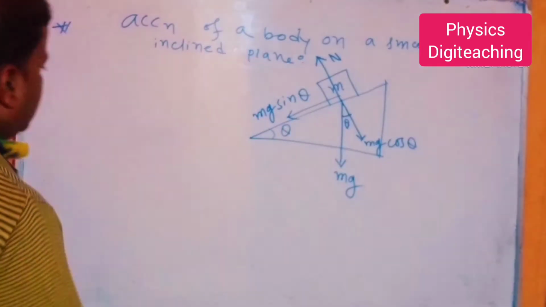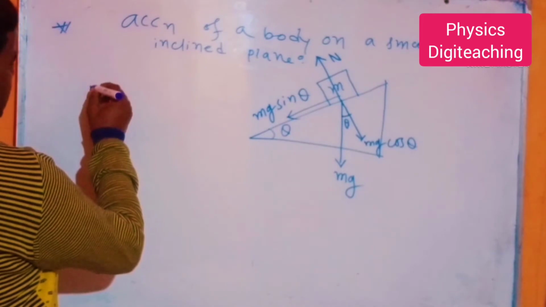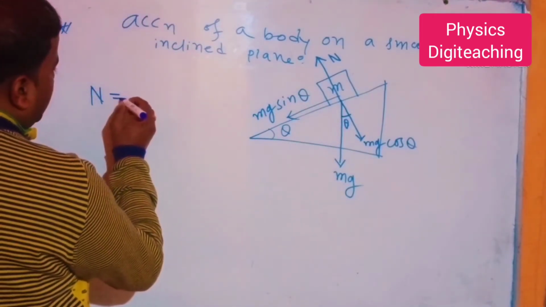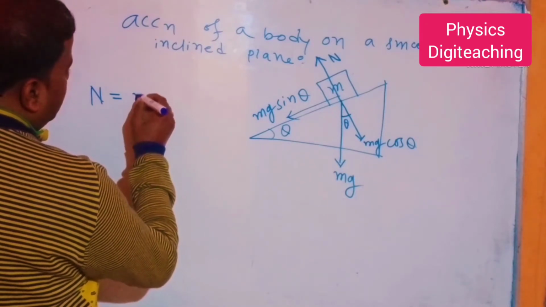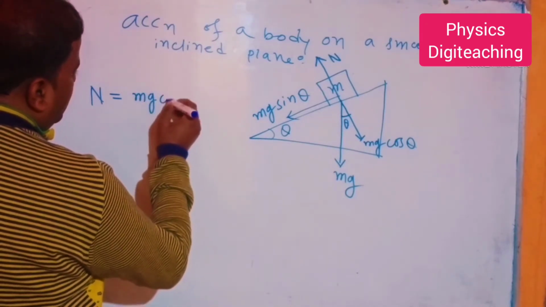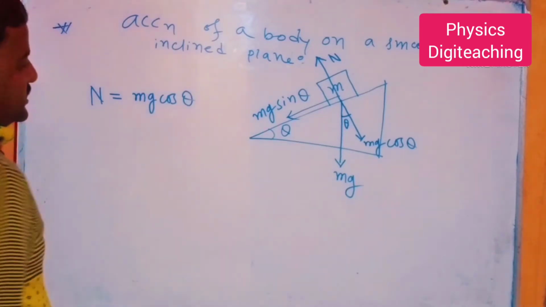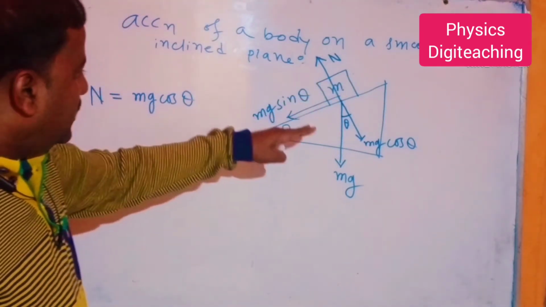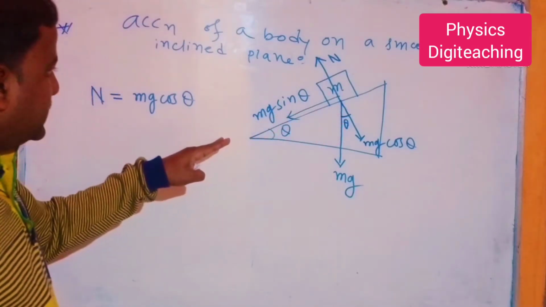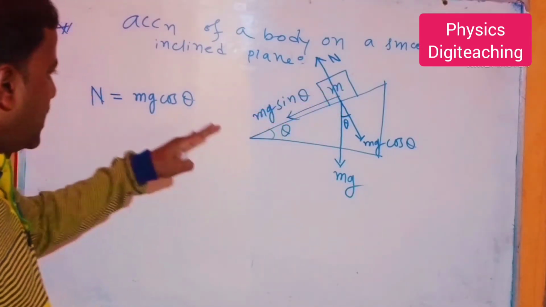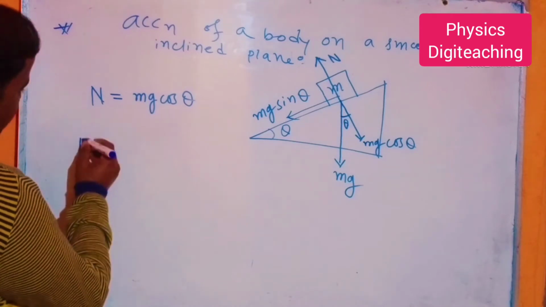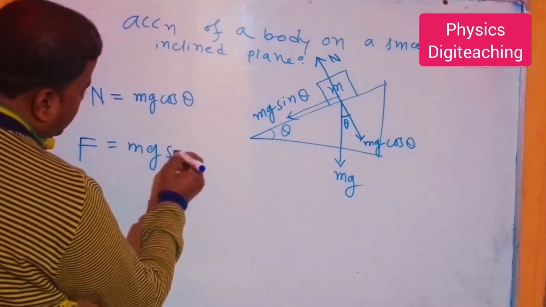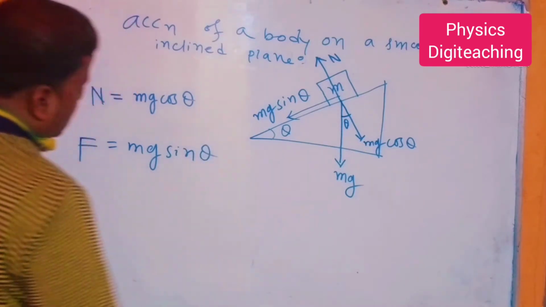Here we see that the component mg cos theta is balanced by the normal reaction N, that is N equal to mg cos theta. Only the unbalanced force along the inclined plane, and this is downwards, is F equal to mg sin theta.